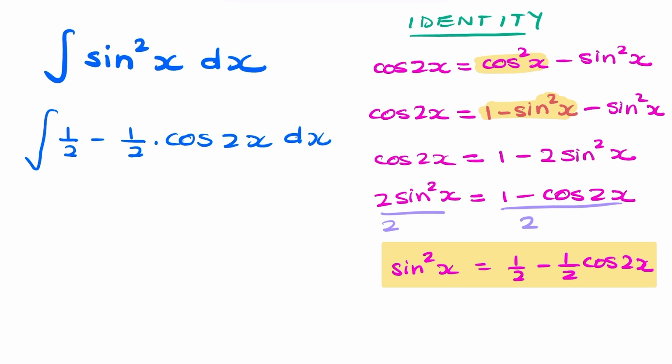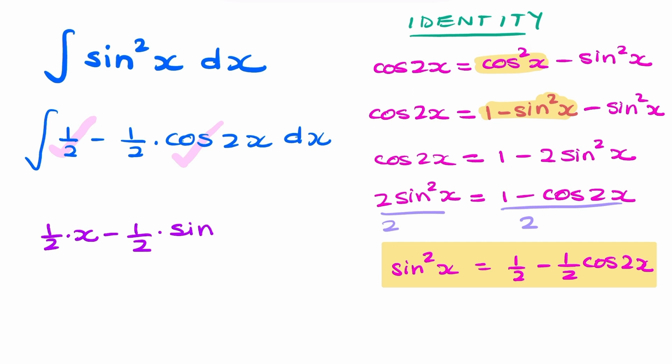And that's much easier because I know how to integrate a half, and I know how to integrate a cosine. So I can write the answer now as 1 over 2 times x minus a half. Now the integral of cosine is sine.